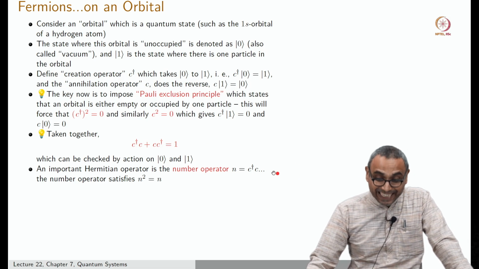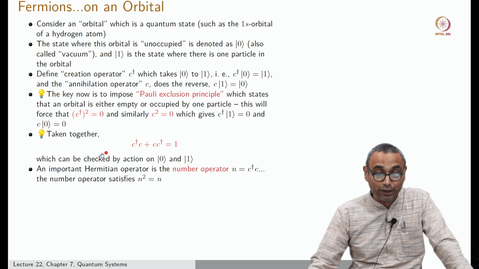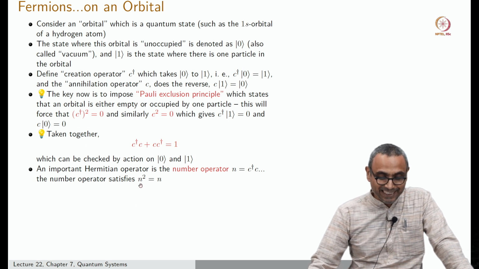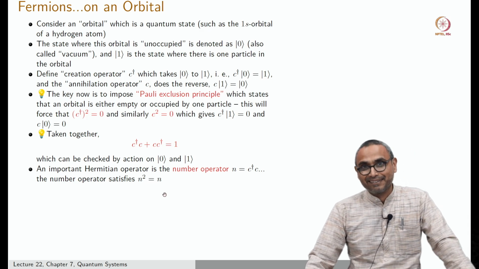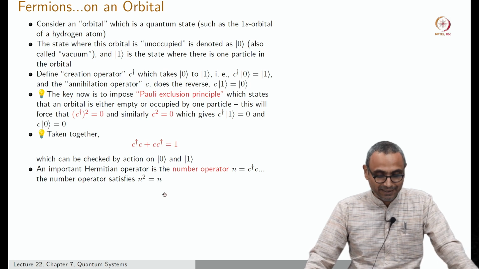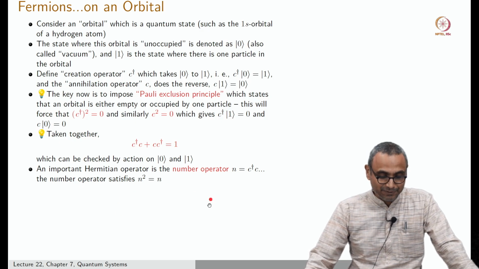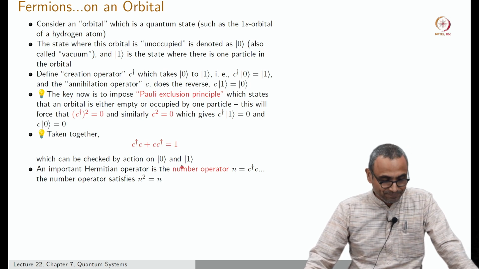You can check that if I square this operator, C dagger C times C dagger C, and use these anti-commutation relations, you will see that n squared equals n. Now this must ring a bell. We have seen some other operator, especially in the spin language or in the qubit language, which was satisfying this condition. So n squared equals n is another statement that the eigenvalues of n are either 0 or 1.